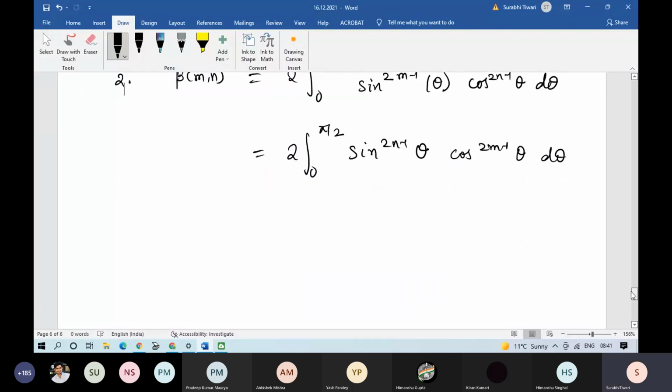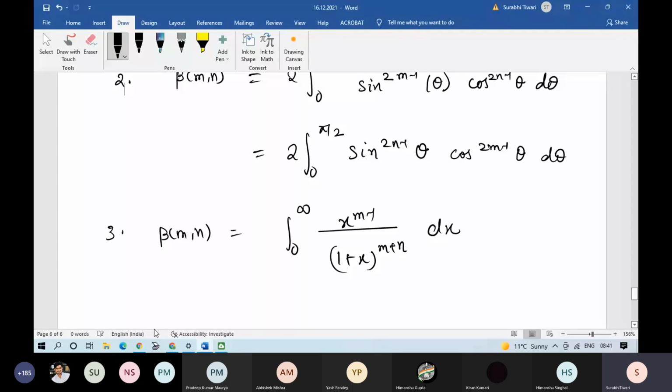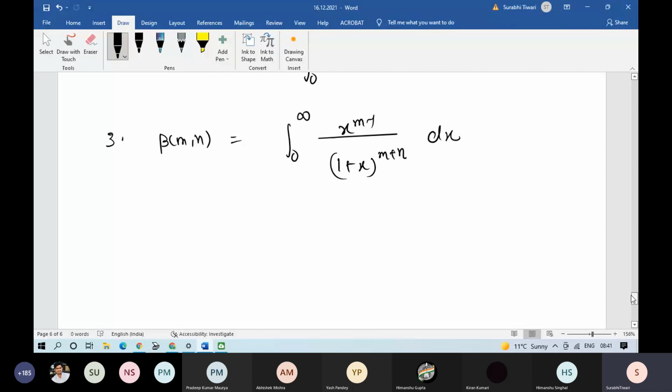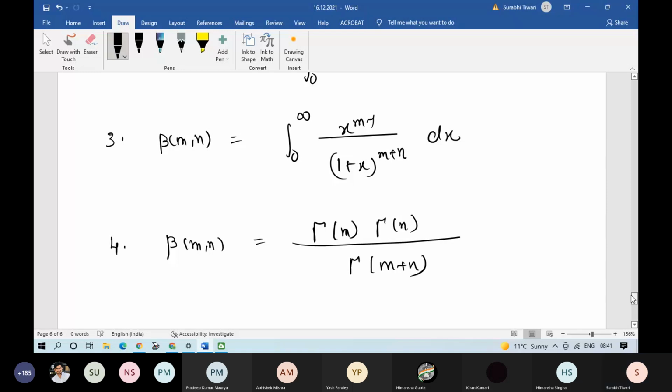Third is beta mn is equal to the integral from 0 to infinity of x to the power of m minus 1 upon (1 plus x) to the power m plus n dx. Fourth is beta mn is equal to gamma m gamma n upon gamma m plus n. This you can show by yourself very easily.